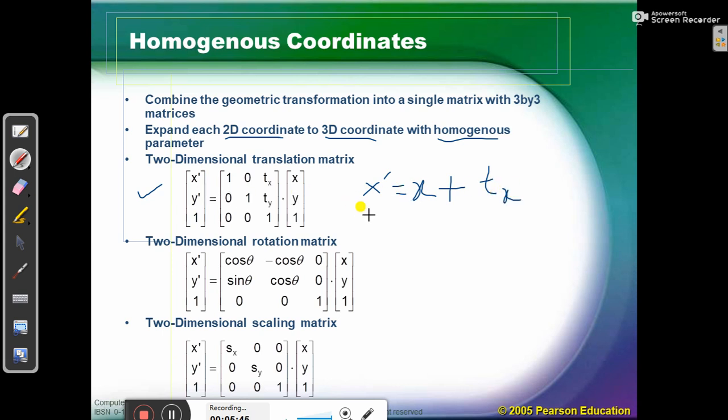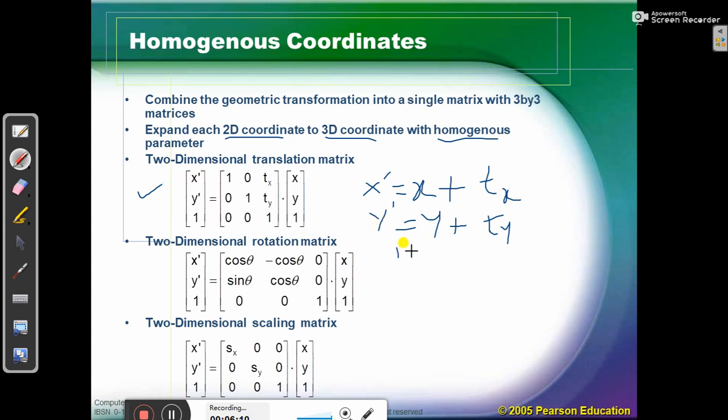And y dash equals 0 into x, plus 1 into y, plus ty into 1, that is y plus ty, and the last row gives 1 equal to 1.